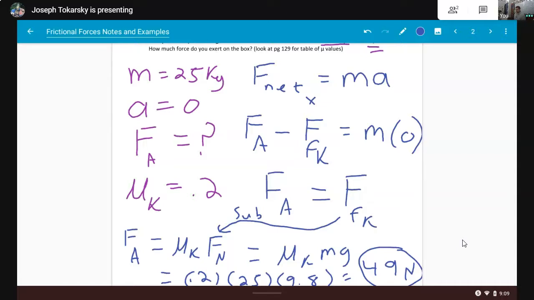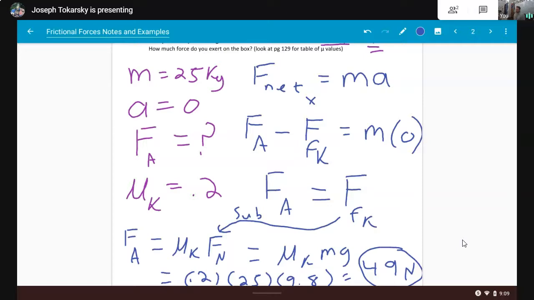All right. Kinetic friction is that value. It's 49. It won't change, and here's why. Even if I started pushing harder or even started pushing softer, kinetic friction straight up is mu times the normal force.